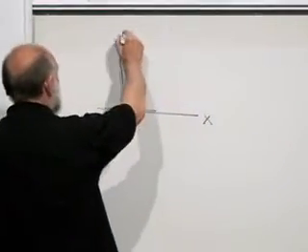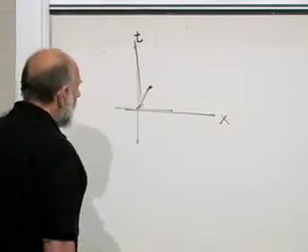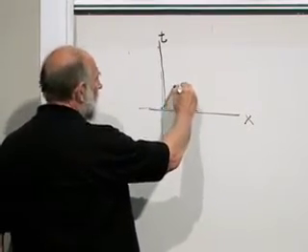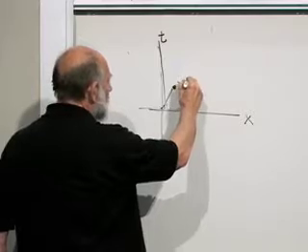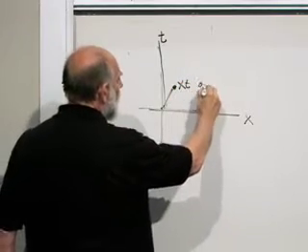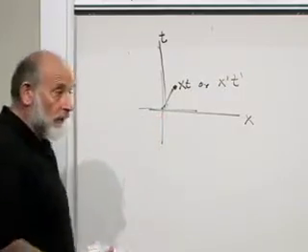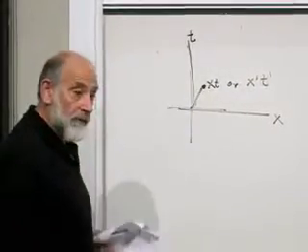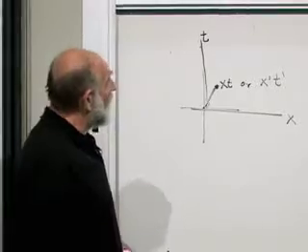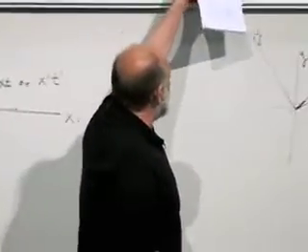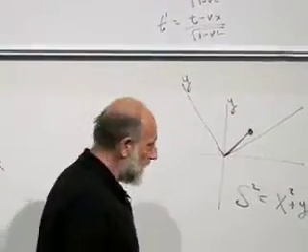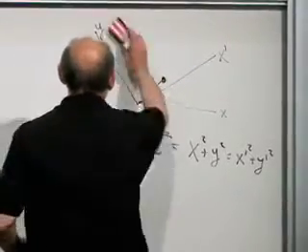This is x, this is t, and this is some point here with coordinates x, t or x prime, t prime, depending on which frame of reference I'm looking at that event. The statement, which we can work out from this equation here, in fact, let's do it.